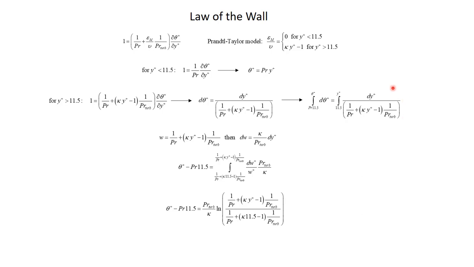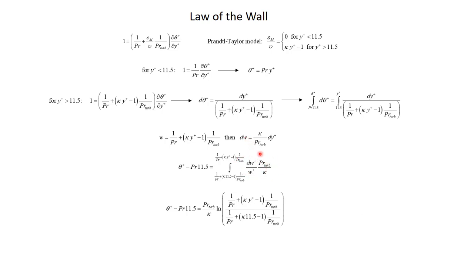This is a big ugly thing to integrate, but it's not that hard if you remember your calculus substitutions. I'm going to call this denominator w plus. So w plus is that stuff, and dw plus is kappa over Pr turbulent times dy plus. I make these two substitutions: the denominator becomes w plus, and the numerator dy plus becomes dw plus times Pr turbulent divided by kappa.